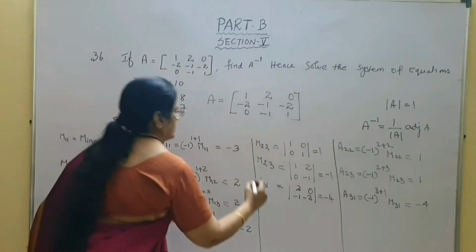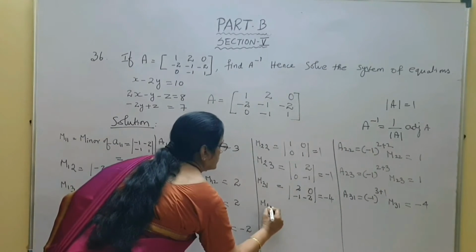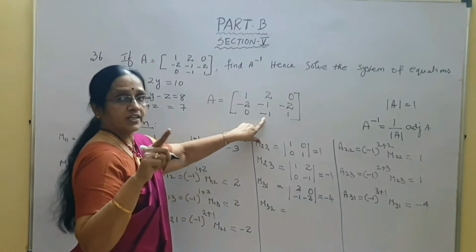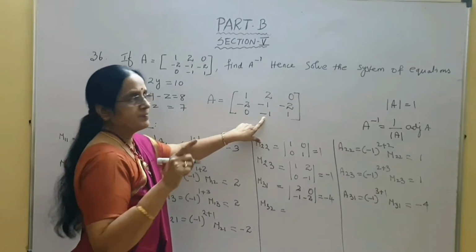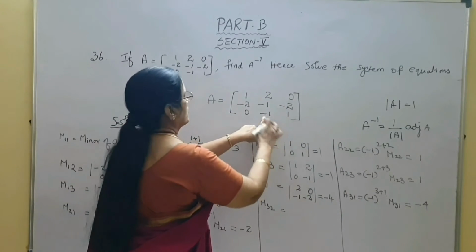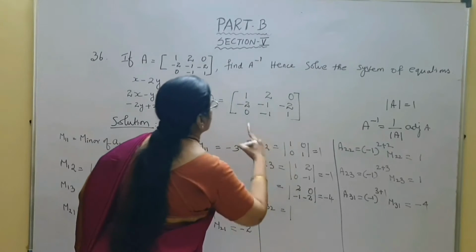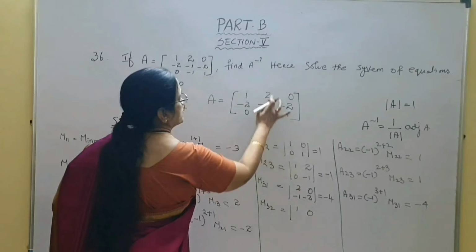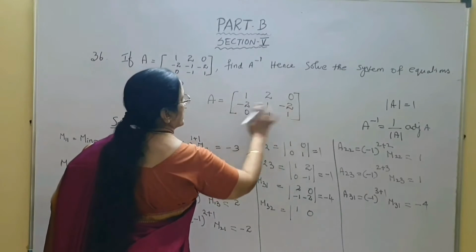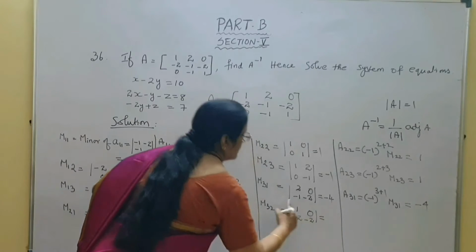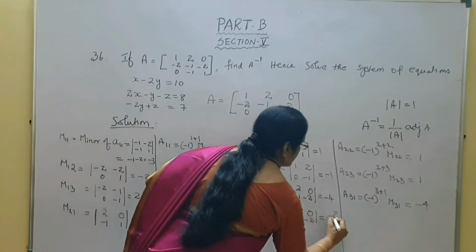Coming to M32, which is minor of the element small a32, which is minus 1 over here. So leaving the third row and second column, you will be left with determinant 1, 0, minus 2, minus 2, which is going to be minus 2.